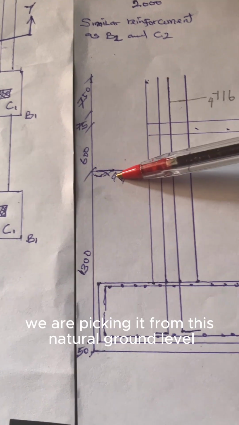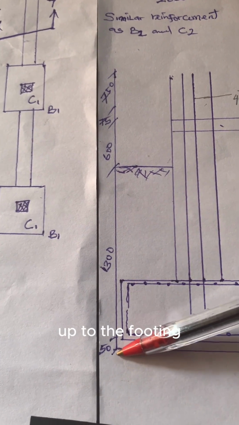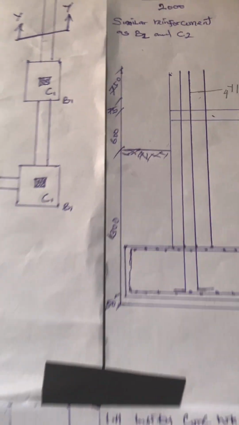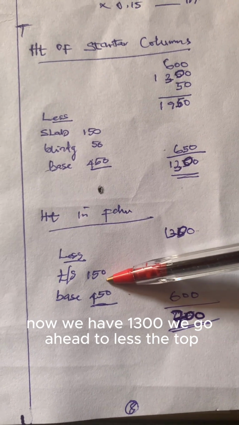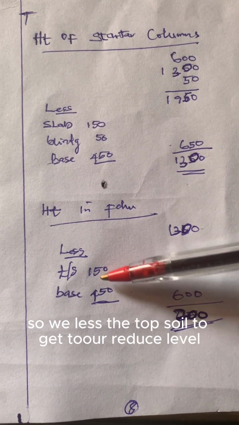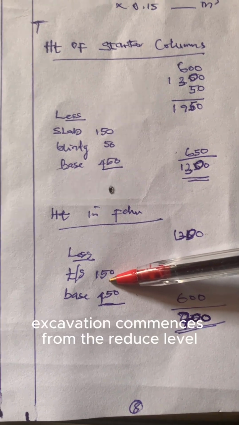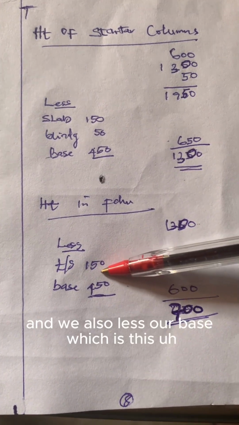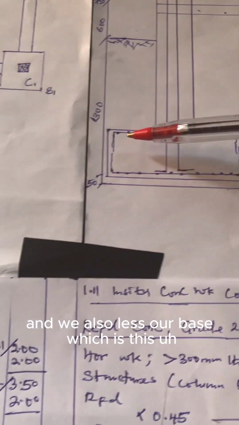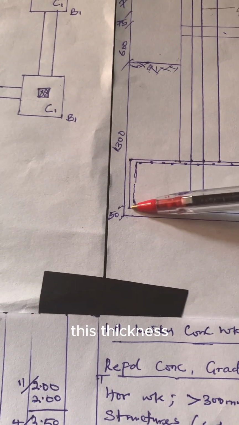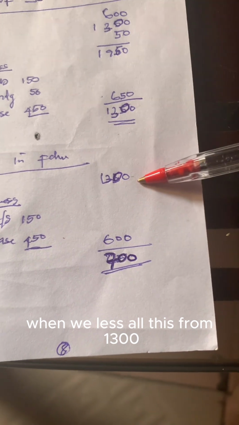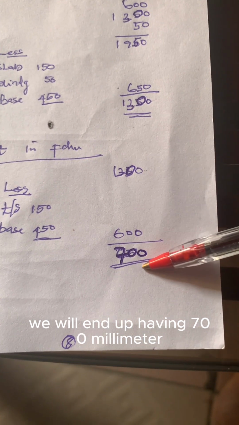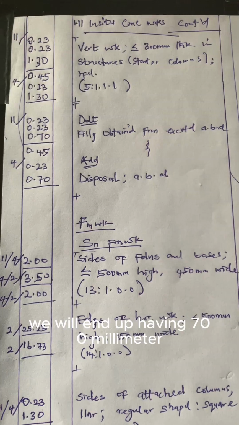We are picking it from this natural ground level up to the footing. We less the topsoil to get to a reduced level, because our excavation commences from the reduced level, and we also less our base, this height, which has been given as 450 millimeter. When we less all these from 1300, we end up having 700 millimeter.